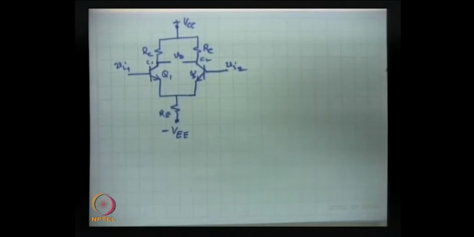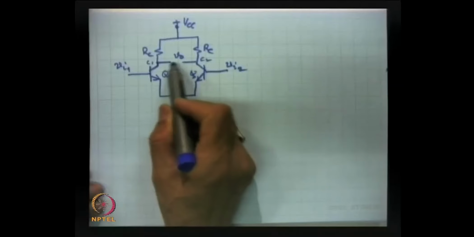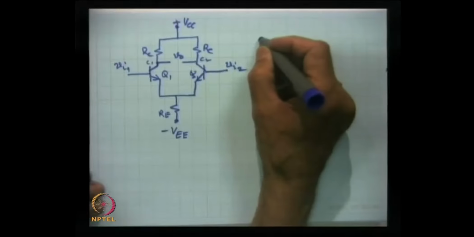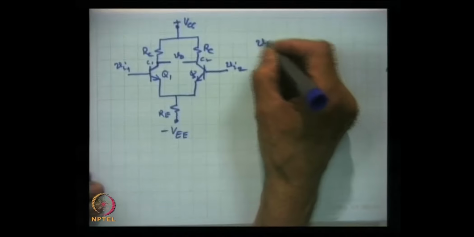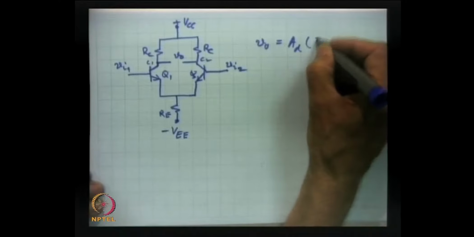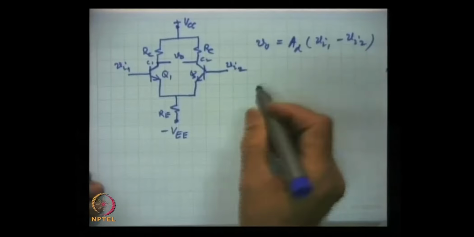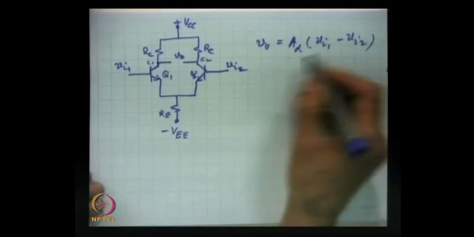We give two signals which differ slightly, say by 0.5 millivolt, and then we measure the output. The output is supposed to be Ad times (VI1 minus VI2), in differential mode.